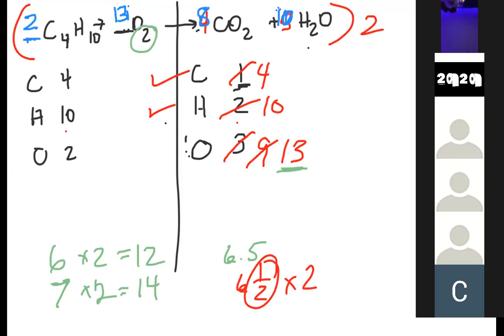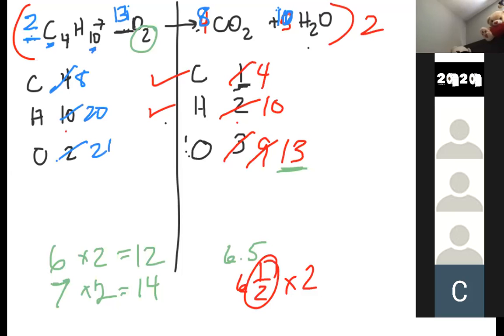And so now when I redo my inventory, I'm over here on this side. 2 times 4, that's 8. 2 times 10, that's 20. 13 times 2, that's 26. Then I go to the right side. 8 times 1, that's 8. 8 times 2 is 16. 10 times 2 is 20.